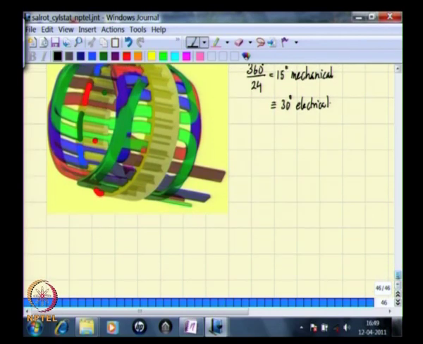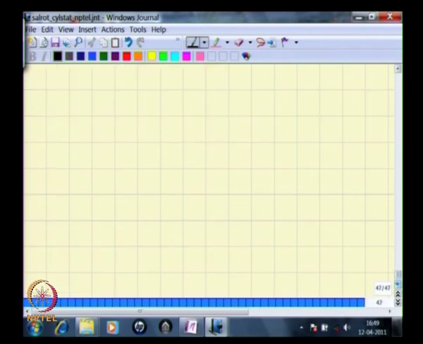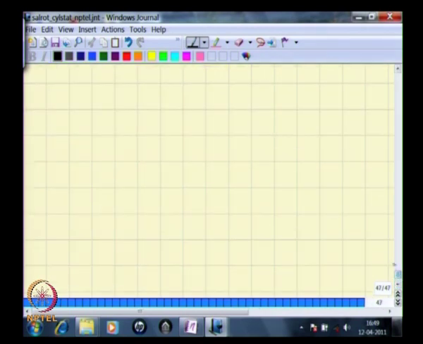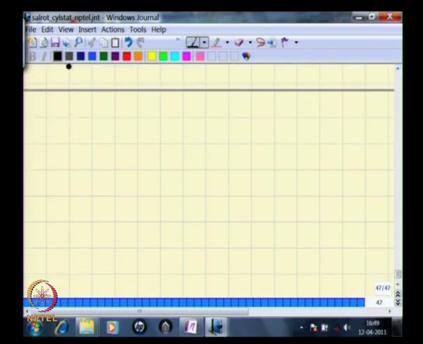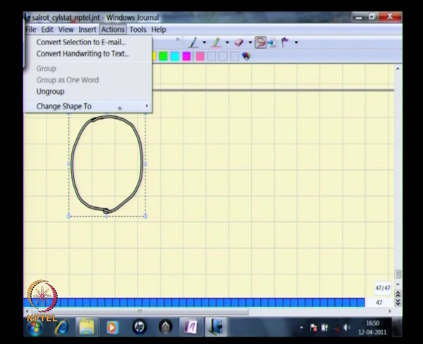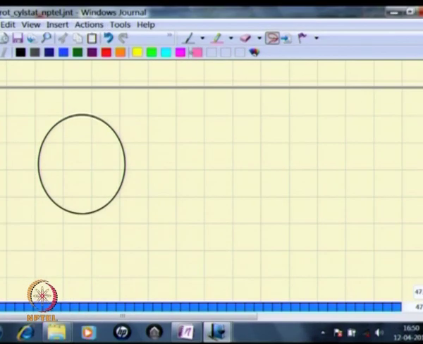So, let us instead consider only a 2-pole machine to simplify our drawings. So, if it is a 2-pole machine, then you have the stator which is there, and now in this 2-pole machine you are going to have two phases.